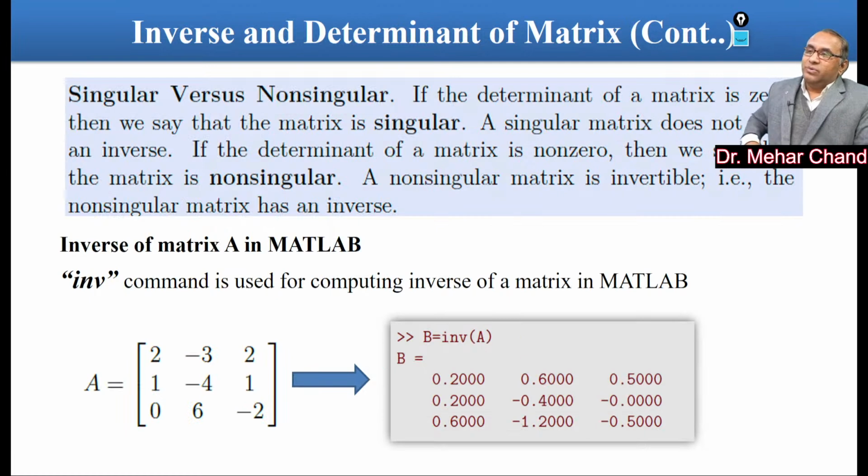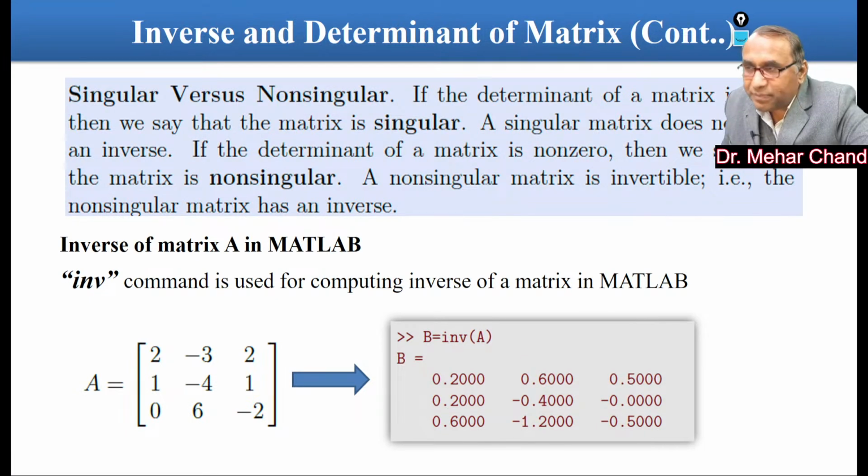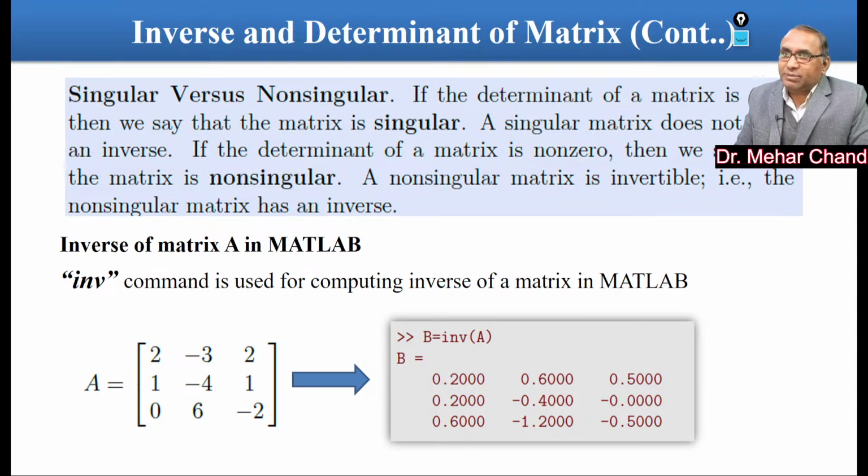Inverse of the matrix. This is also very simple, and first we must be clear about singular versus non-singular. If the determinant of a matrix is 0, then we say that the matrix is singular. A singular matrix does not have an inverse. We are not able to find the inverse matrix because there is a relation between the inverse matrix and non-singularity.